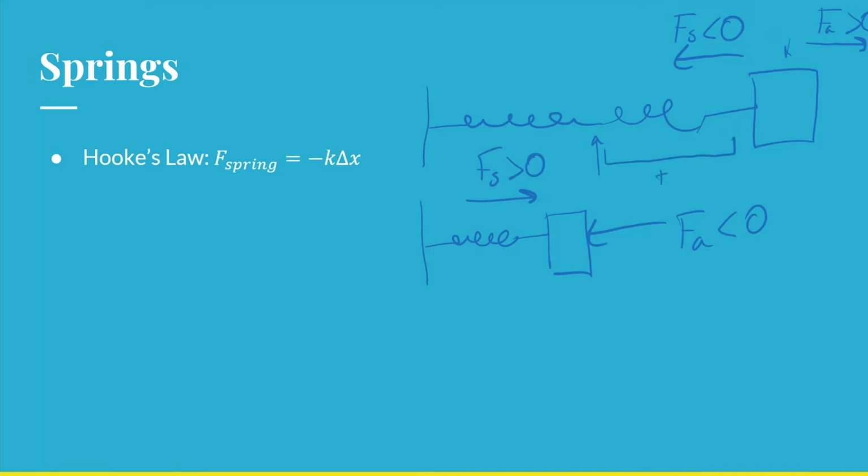This is a positive delta x, and this right here is a negative delta x. Again, negative signs are going to trip you up a lot in this. Just know why there's a negative sign there. It is because it is opposing the direction of the change in x.